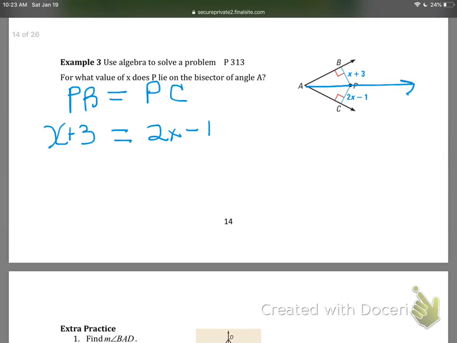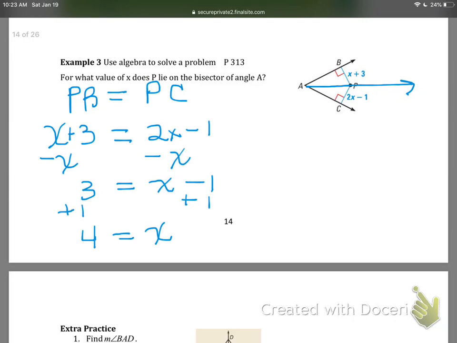So now we have a two-step problem. Subtract x, subtract x. I'm going to rewrite it since I have nice space here. That gives me this new equality. Add 1, so I have a result of 4 equaling x.